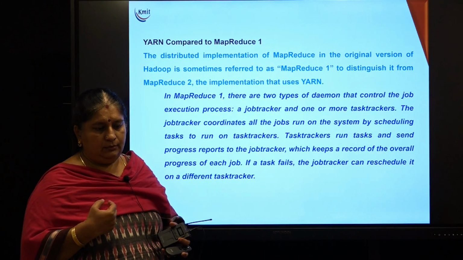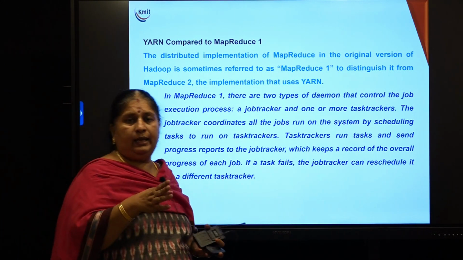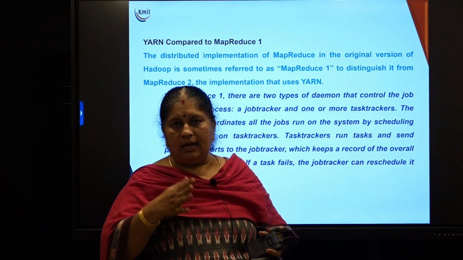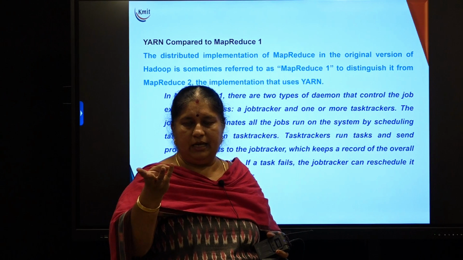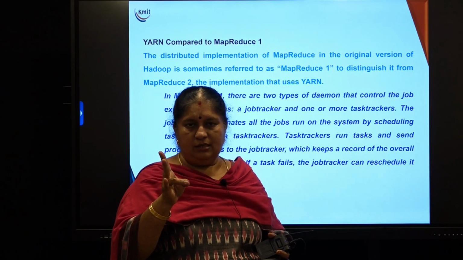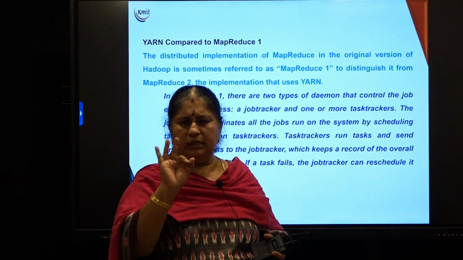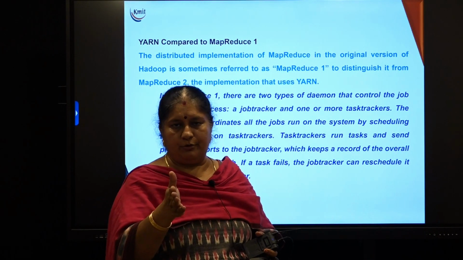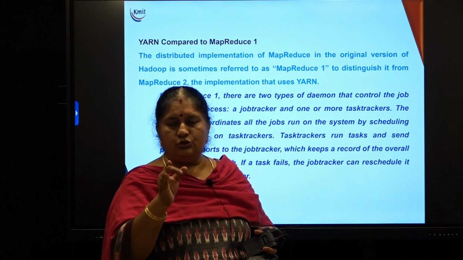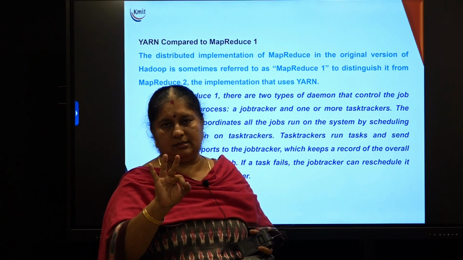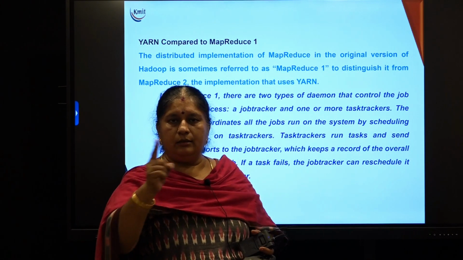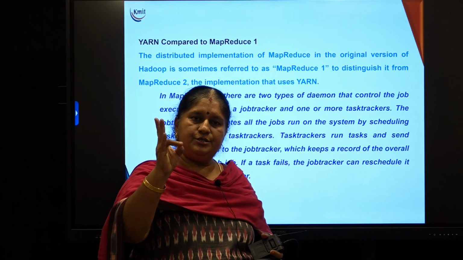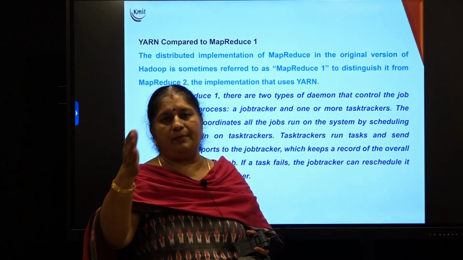Say, for example, I want to take care of student admission, and the tasks involved are: fill the application, pay the fees, take your admit card. 3 processes, try to understand. The entire job is the student admission process, right? And this job is split into 3 tasks. For the entire admission process, one job tracker will be there. For individual tasks, you will have a task tracker.